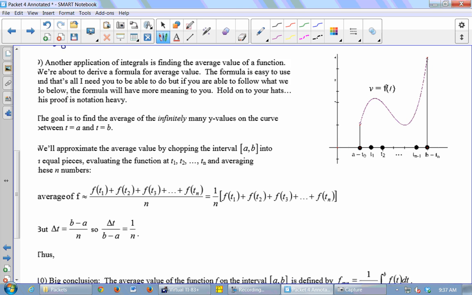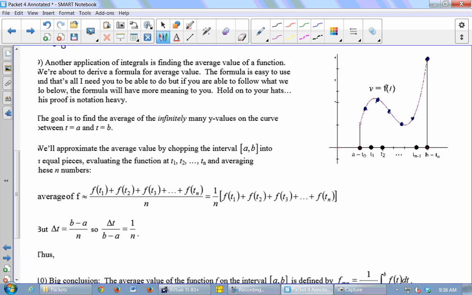So instead, I'm going to chop the interval a to b into n equal pieces, just like I did when I was doing integrals or rectangles. And I'm going to evaluate the function just at these specific points. I can get a y value here, and here, and here, and here, and here, and here.